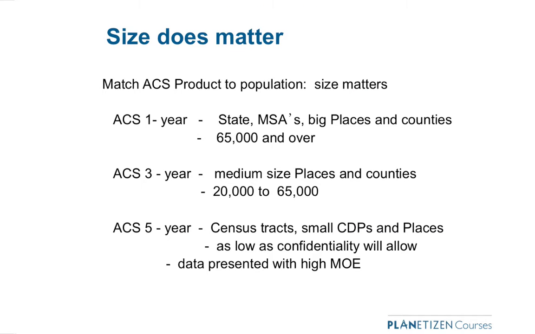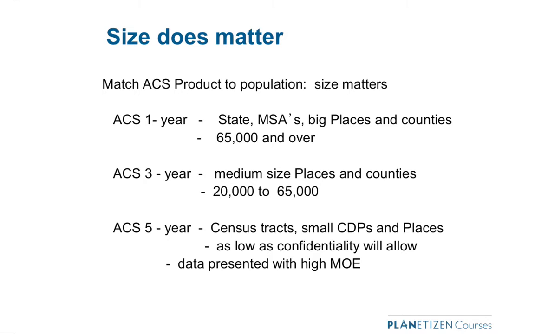Now earlier I said that the sample size for ACS is relatively small on a 1 year, 2.4% of the population at most in a 1 year ACS data, and that the years are accumulated to get the sample size larger.